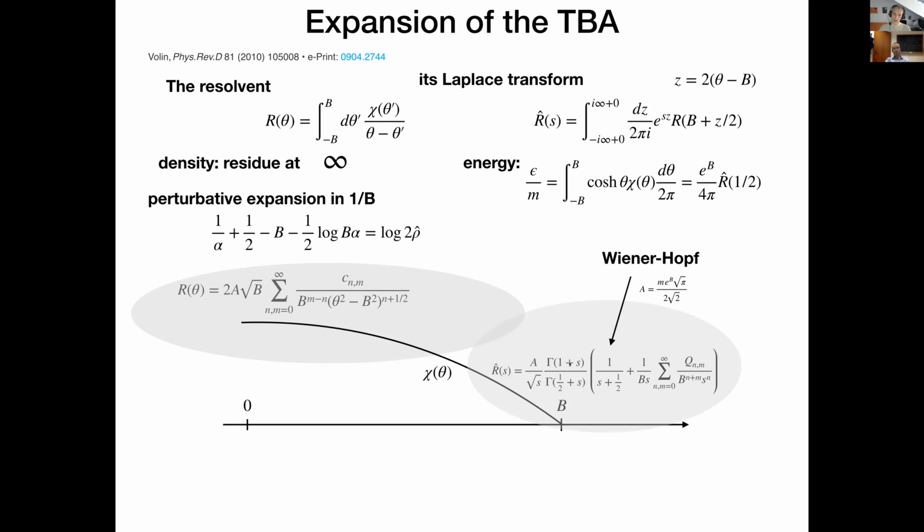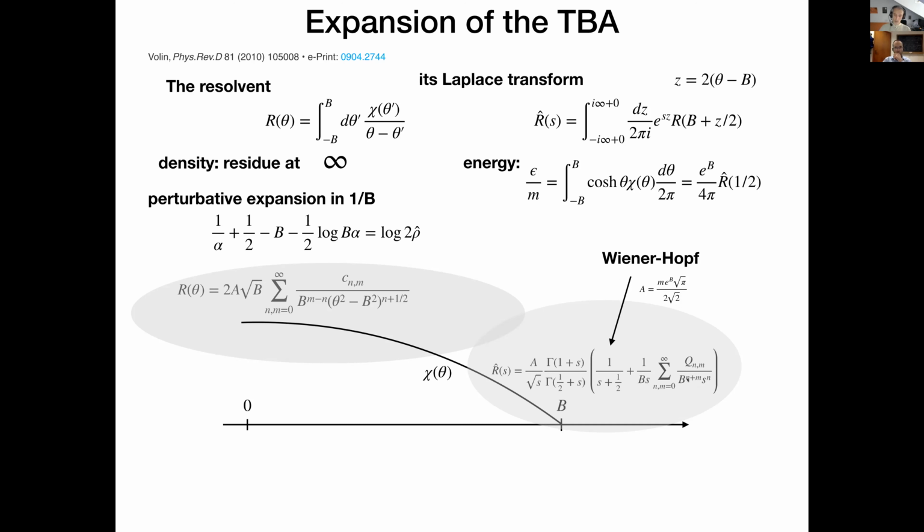And these equations can be solved by this Wiener-Hopf technique, which means you can calculate the resolvent written here for large b. So this is the leading piece here. And you can also parameterize the correction for the resolvent as an expansion in 1 over b.